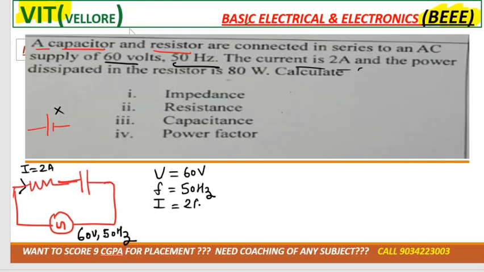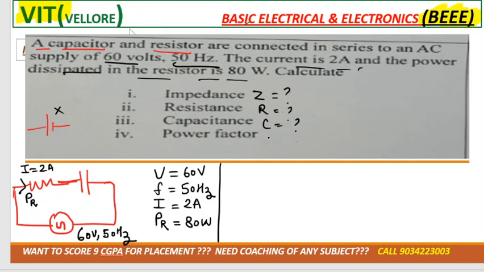The power dissipated in the resistor is 80 watt. They mention it's across the resistor only, not the whole power.